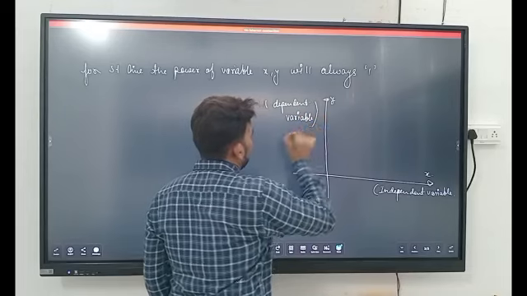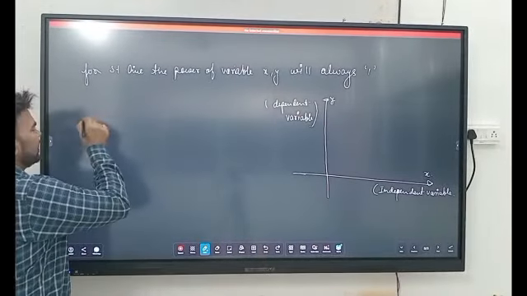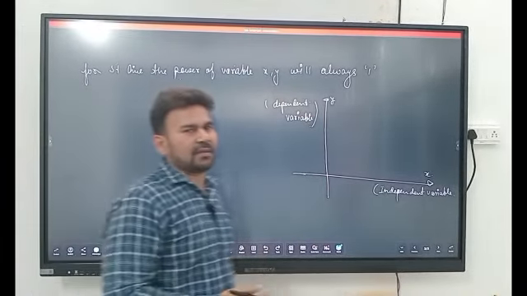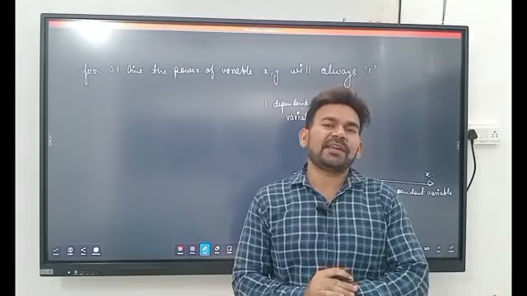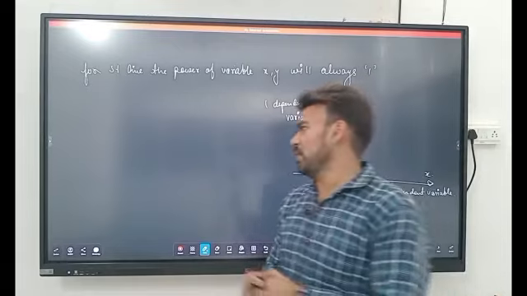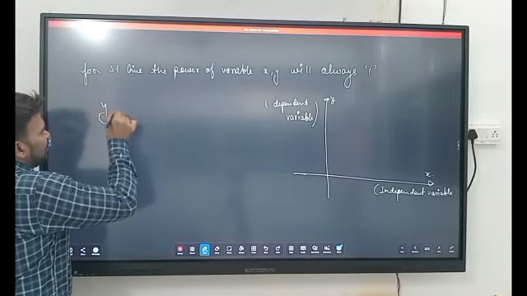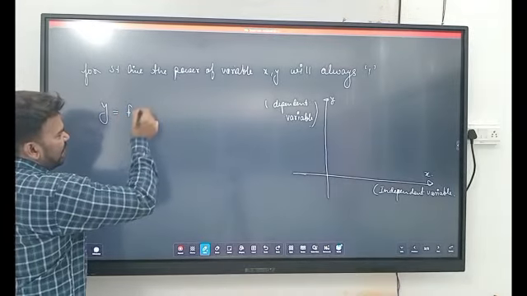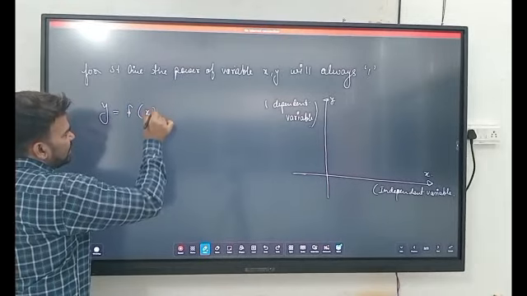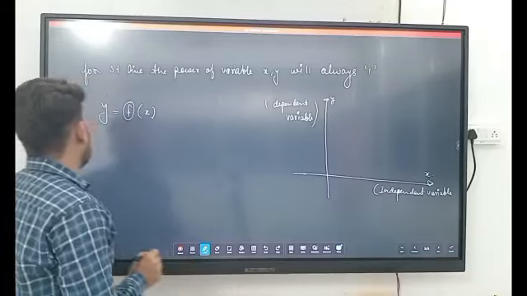This one is the dependent variable and this is the independent variable. It means that y depends upon x, but x does not depend upon y. Always remember that. So that's why y is related with x by the relation f. f is called the function.